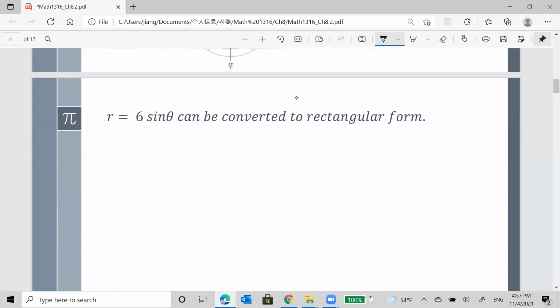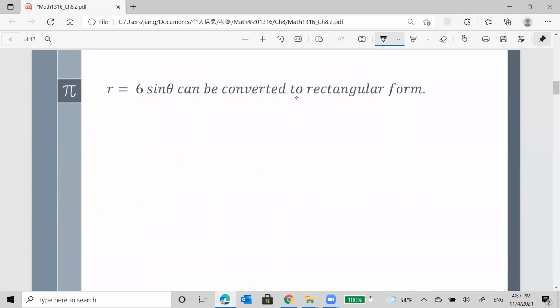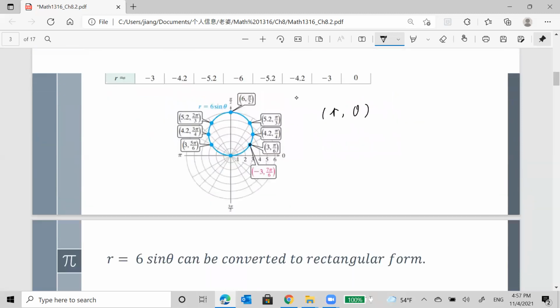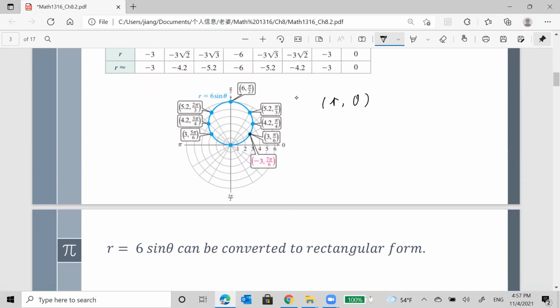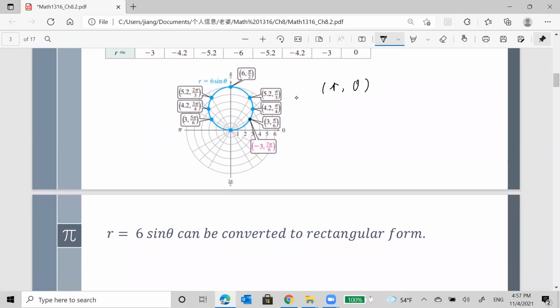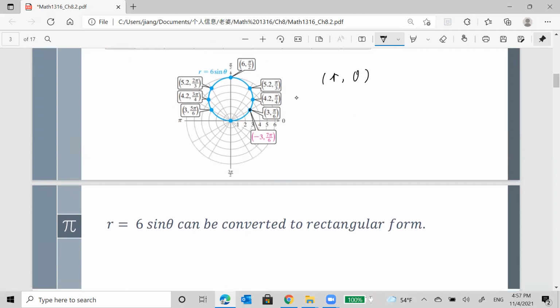So let's see, can r equals 6 times sine theta be converted to rectangular form? Yes, for sure. Look at the graph, it is a circle. In the xy plane, that's the rectangular form. We can convert r equals 6 times sine theta to the xy expression.